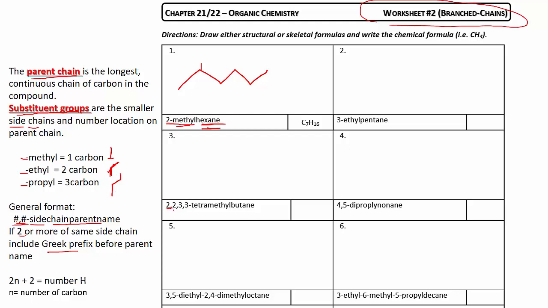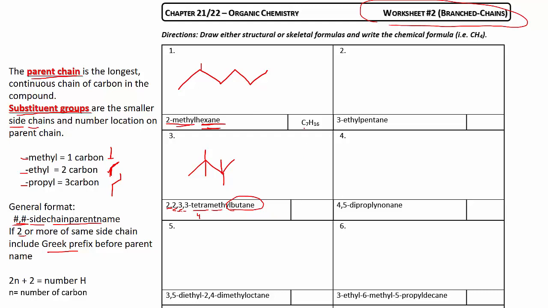If we have 2, 2, 3, 3 tetramethyl, that's 4 methyl groups, and butane is our parent chain. Butane being the parent chain, 1, 2, 3, 4 carbons, a methyl group at the 2 carbon, a second methyl group at the 2 carbon, at the 3rd carbon a methyl group, and at the 4th carbon a methyl group, giving us all 4 methyl groups on butane.